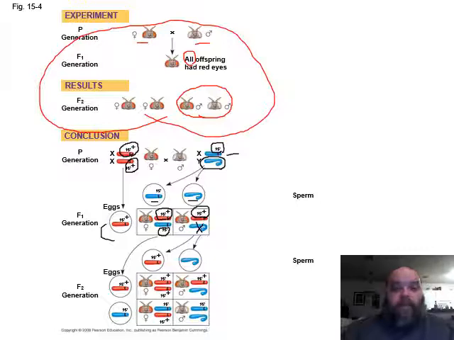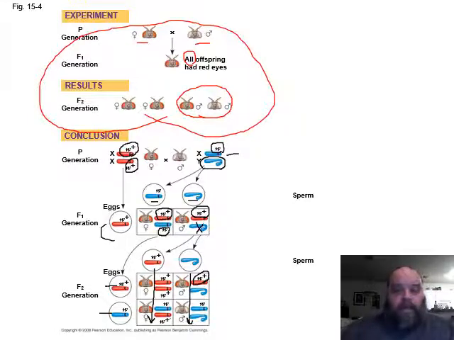Set up the Punnett square for the F2s. Notice everybody here gets W plus. Everybody here gets the Y. Here's the major difference. W plus, W, W plus, W plus, homozygous red. W plus nothing means these are going to be red-eyed males because the only gene present is W plus.